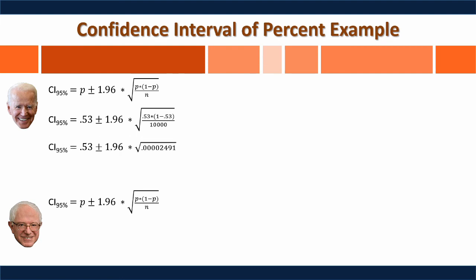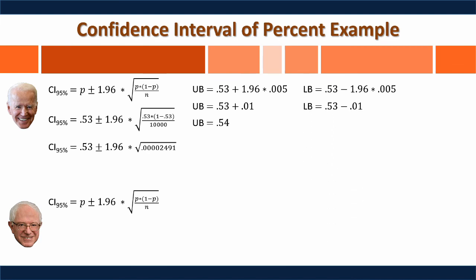To calculate the plus part of this plus or minus equation for the upper bound, you multiply 1.96 by 0.005 and add 0.53. Therefore, the upper bound for Biden's confidence interval is 0.54. You do the subtraction part of the plus or minus equation to find the lower bound of 0.52.